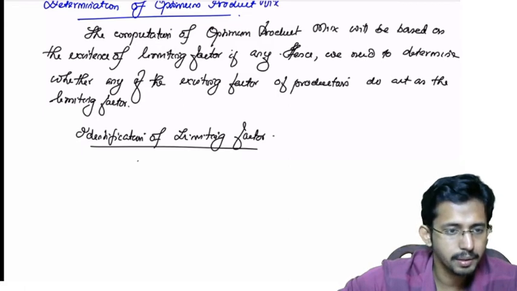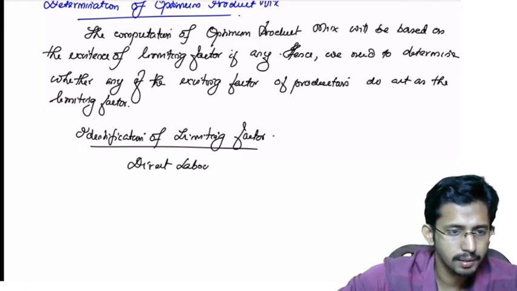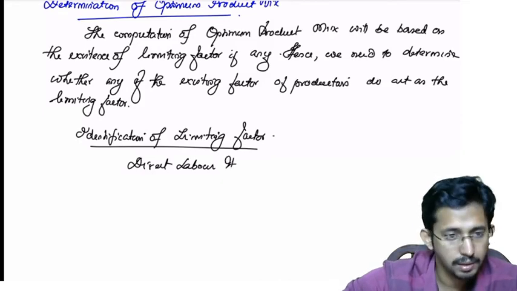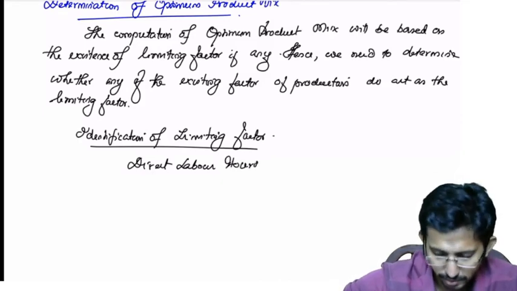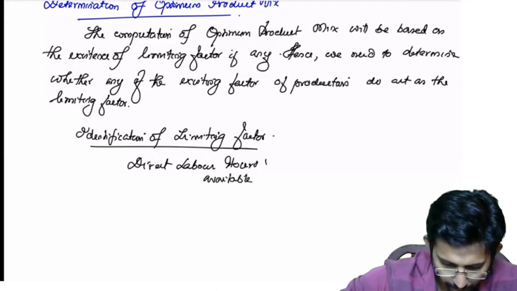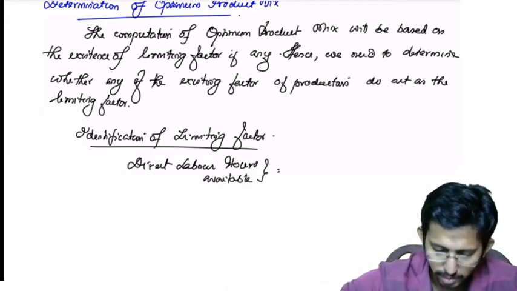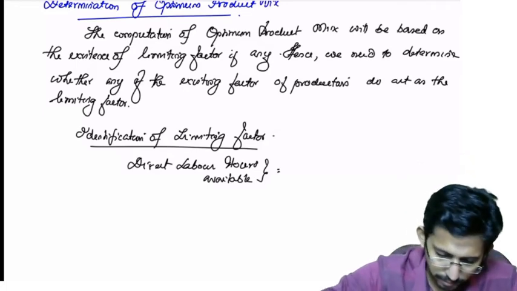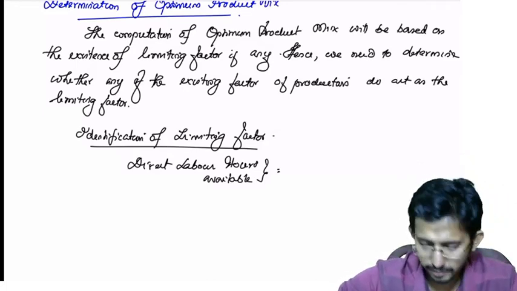We can write direct labor hours available is equal to 18,600, right?